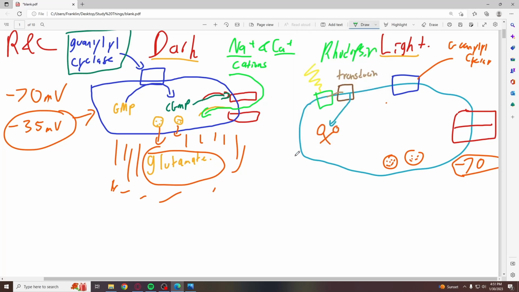Let's write it together: cyclic GMP phosphodiesterase. There we go. That's what this pair of scissors is.